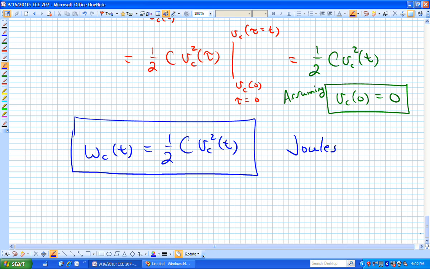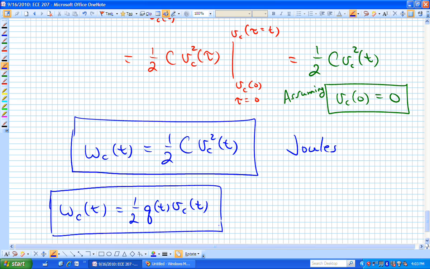And now that we know all of these different relationships for voltage on a capacitor, we could use some of those and say, oh, our energy of the capacitor we could rewrite. Q is C times V, so we could pull a V out of that V sub C squared, and we now have 1/2 Q of t, V sub C of t. And that's another expression for the energy of that capacitor.